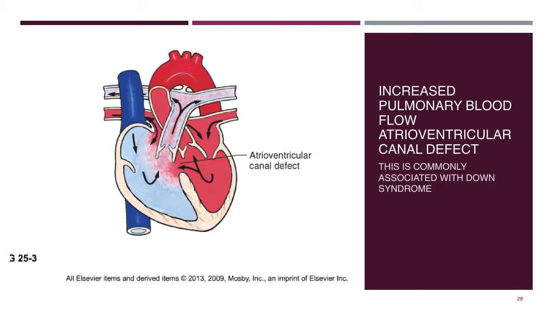So we've got a left to right flow, and so we have mixed blood going up into the lungs, and then oxygenated blood returning to the left side of the heart, only to go right back over to the right side again. So you can understand how that increases that pulmonary blood flow. And with increasing that pulmonary blood flow, then that makes that child more prone to pulmonary edema and congestive heart failure.